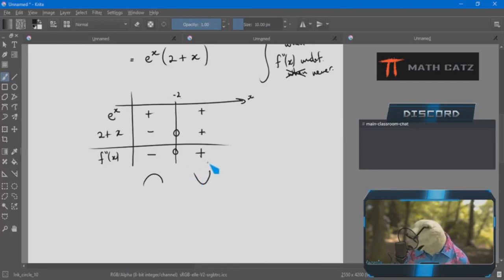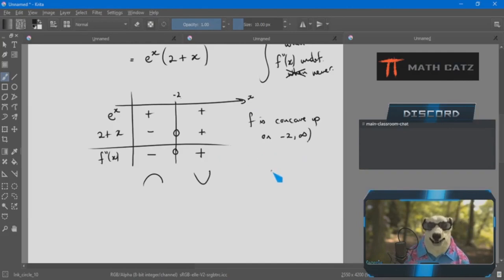Okay. Let's write our sentences. Actually, let's do it over here. F is concave up on certainly -2 to infinity. Infinity always gets a round bracket. -2. What kind of bracket does it get? So in the process of writing these sentences, I am sort of answering the inflection point question, sort of.